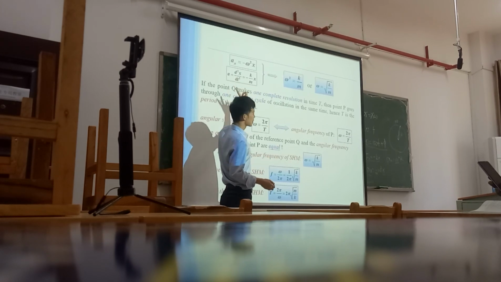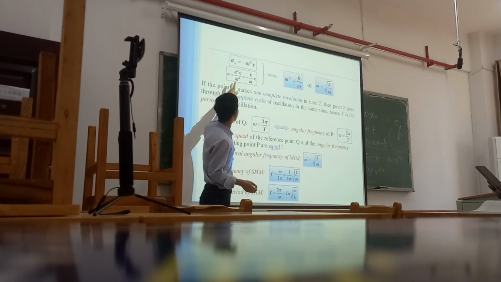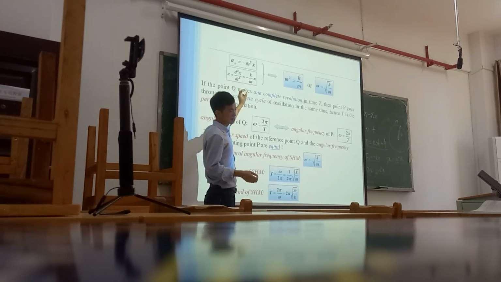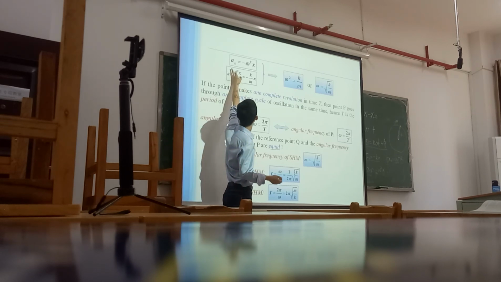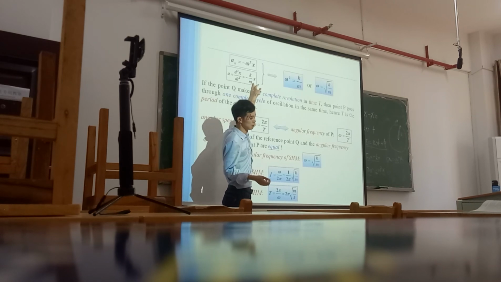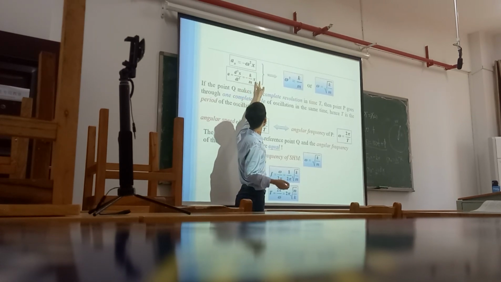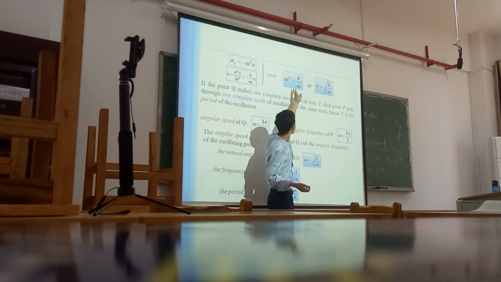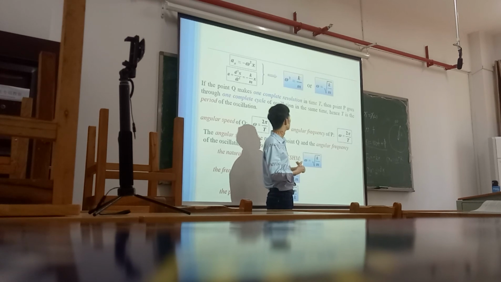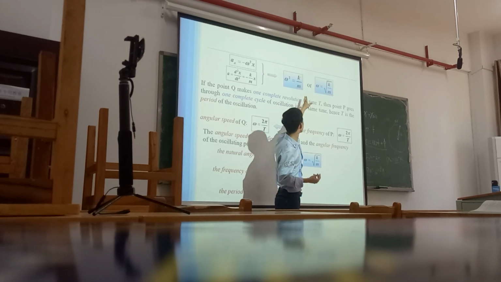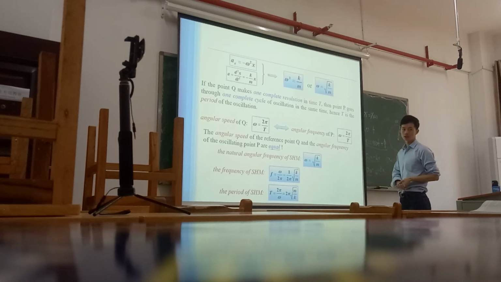So we can find a_x in two ways. However, the results from the two ways must be equal, so we set this one equal to this one. So we can get omega square is equal to k over m, or we can rewrite omega as the square root of k over m.